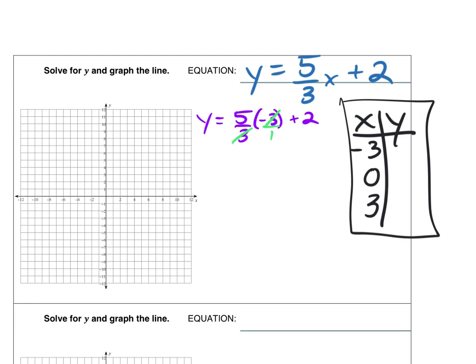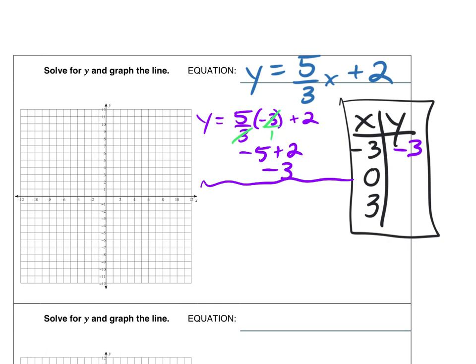That cancels out, but I still have a negative and the 5. So I have -5 now, -5 plus 2. -5 plus 2 is -3. So in this equation, when x equals -3, y equals -3.